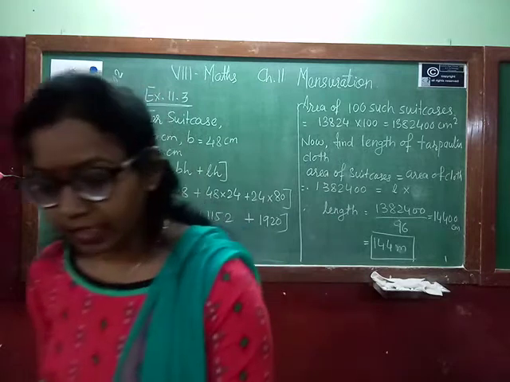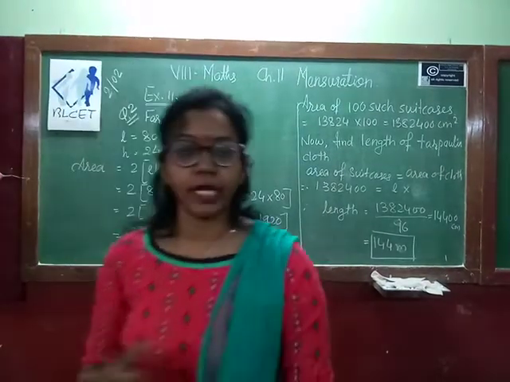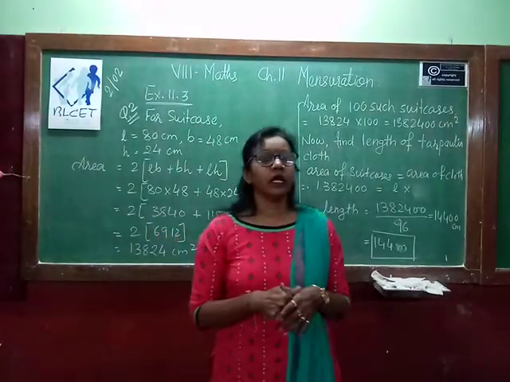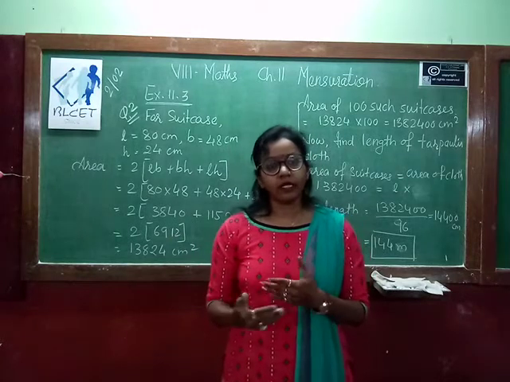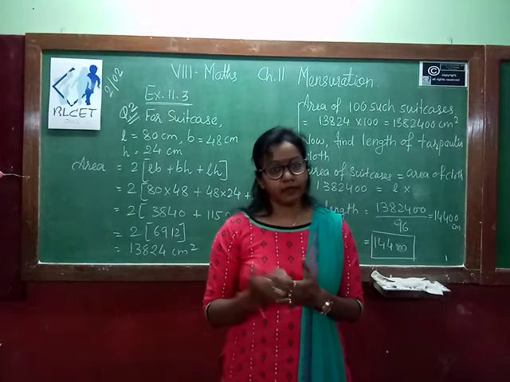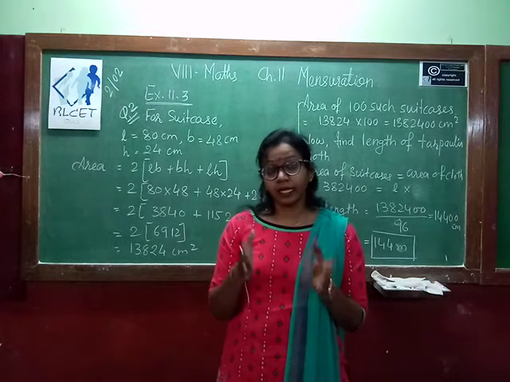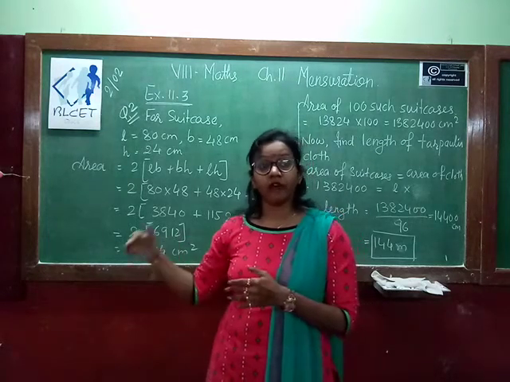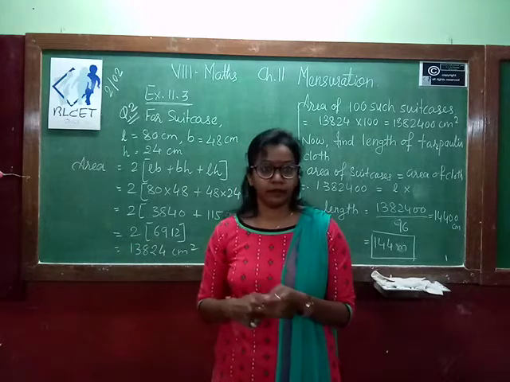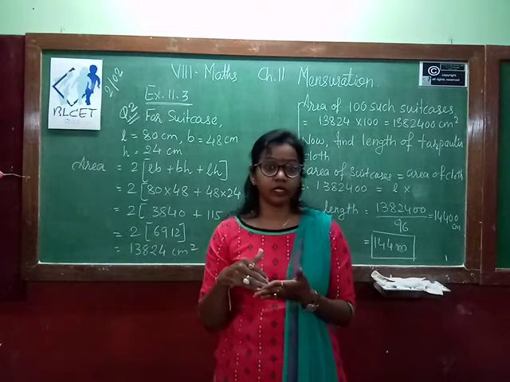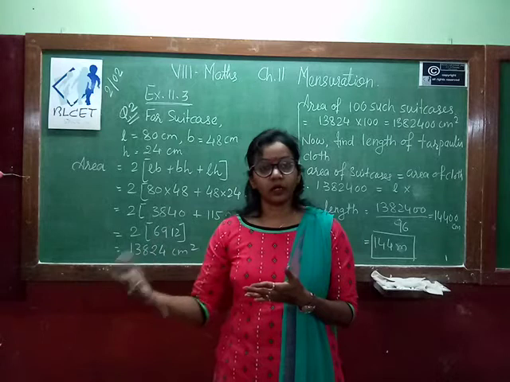So students, here we have to find first of all the area of the suitcase. After getting the area of one suitcase, we have to find the area of 100 such suitcases. And that area is equal to what? The area of whatever cloth we require, because the question is how many meters of tarpaulin cloth is required.